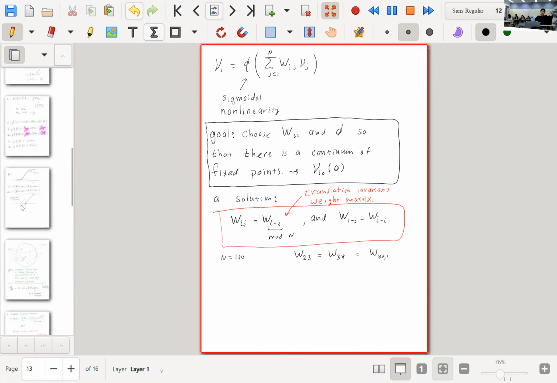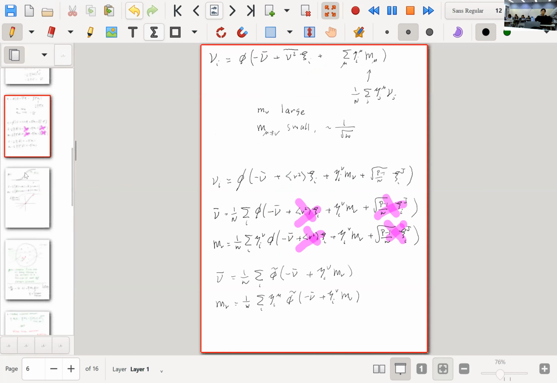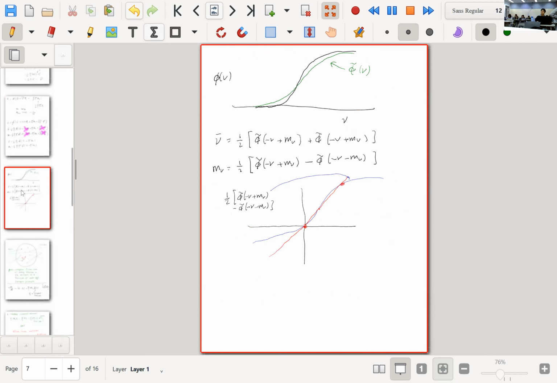Was it here? The two functions are the same. Maybe the second one should be a minus sign. Is that what you're referring to? Minus M nu.